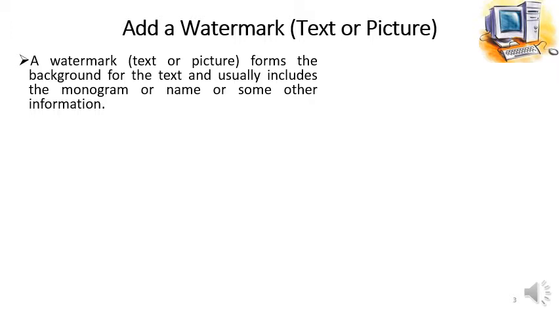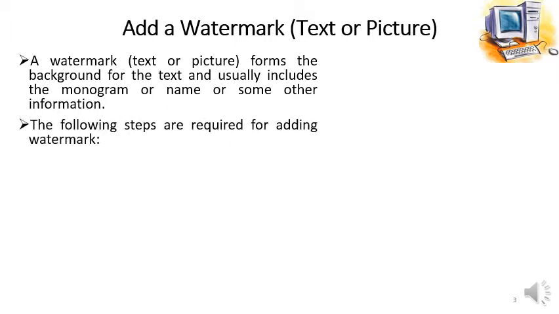So for that purpose we add a watermark in the creative document, and it also ensures the confidentiality of the document. So the overall purpose of watermark is to ensure the originality, the authenticity, and the security of the document.